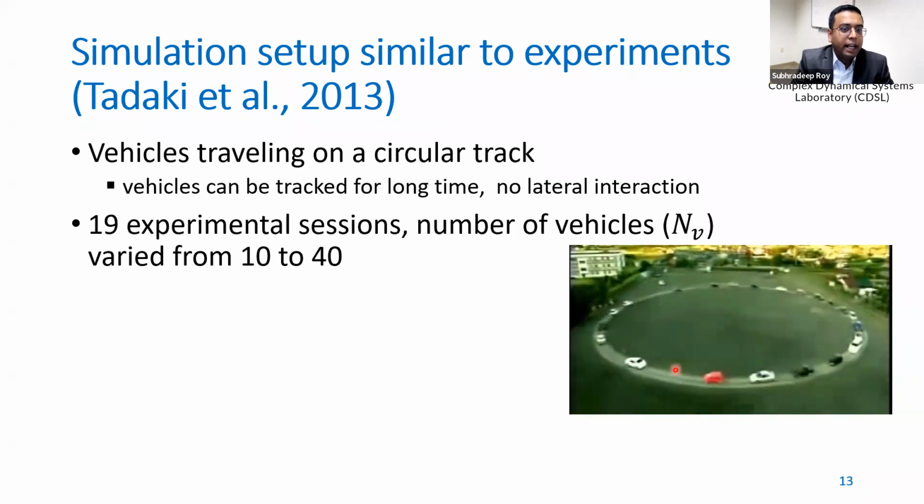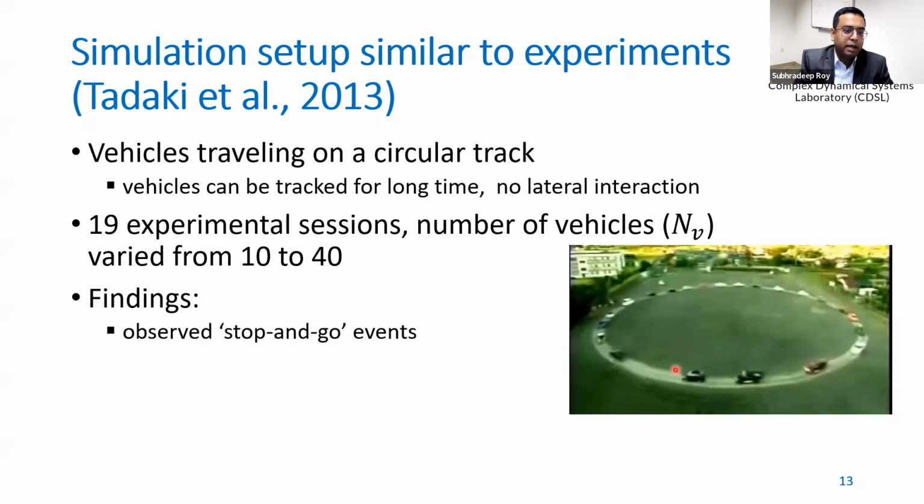In that study, they conducted 19 different experimental sessions where the number of vehicles was varied from a minimum of 10 to 40. The objective of their research study was different. What they mainly found was the emergence of stop and go events. When they start these experiments, there are no bottlenecks, but as one of the cars starts making more room ahead of it, that leads to reducing the gap, and gradually the stop and go events occur.